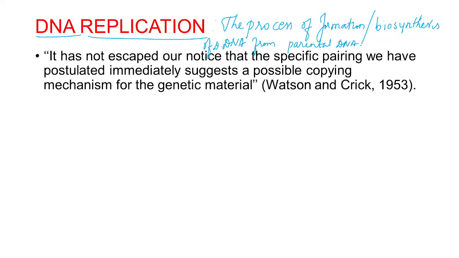See, replication of DNA is nothing but copying of DNA from parental DNA. And Watson and Crick, the scientists who had proposed the structure of DNA, themselves gave the idea of DNA replication. They said, it has not escaped our notice that the specific pairing we have postulated immediately suggests a possible copying mechanism of the genetic material.